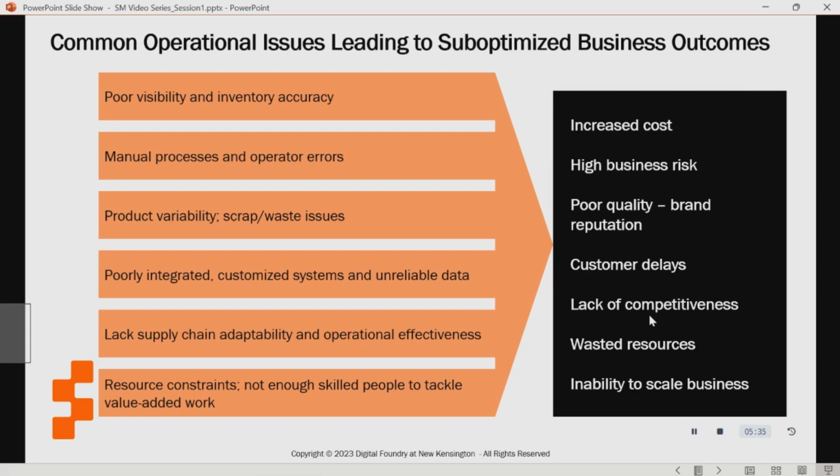That same report gave us some insights into some common operational issues that are leading to sub-optimized business outcomes today.